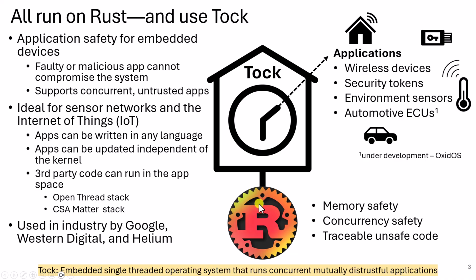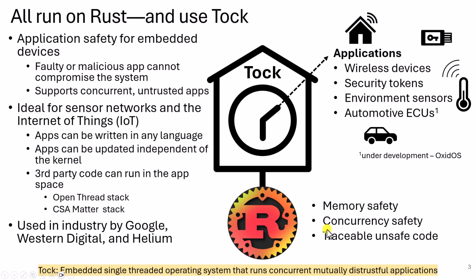And Rust was chosen because it inherently provides safety features such as memory safety, eliminating a large amount of memory bugs, such as buffer overflow and use after free issues, providing also concurrency safety by preventing threads from accessing data that other threads might be writing to at the same time. And then it finally provides traceable, unsafe code.